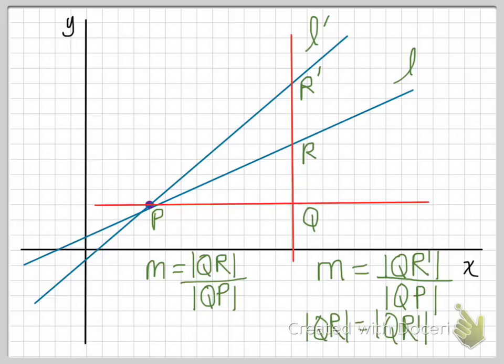And since that's true, what that means is that R prime and R have to be the same point here. And the way I've drawn this can't be right. So there can't be two lines going through a given point with the same slope. They would be the same exact line, just a copy of itself.